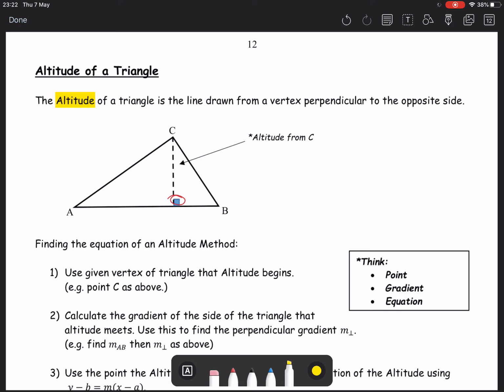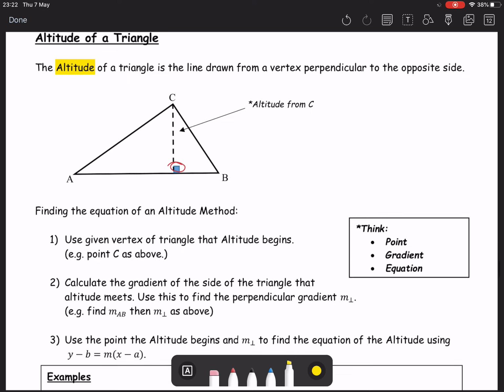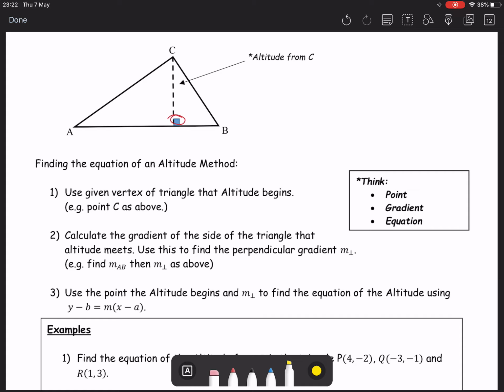To be able to find the altitude of a triangle, we again think point, gradient, equation. In this particular line, we'll always be given the point. We'll be given the point C in the example above.